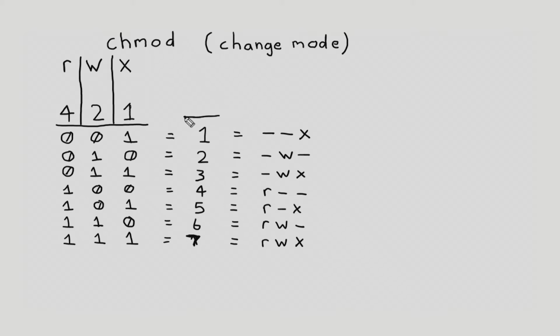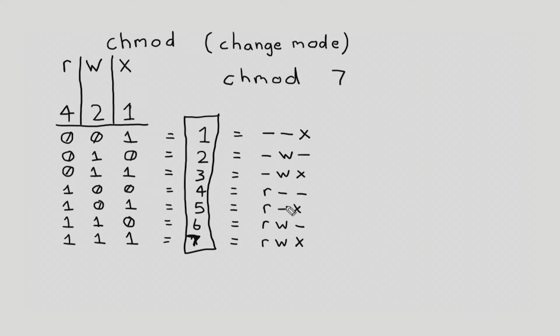So one of these numbers here is used to actually set the permissions using chmod. For instance, if we wanted to set the permissions for the user to read, write, execute, well, read, write, execute is 7. So we would say chmod 7, and say the group permissions we wanted to set to just read and execute.